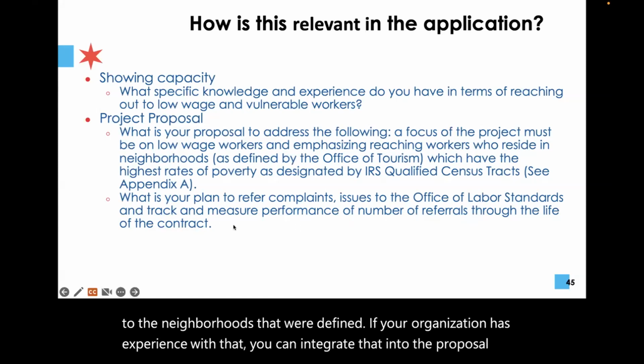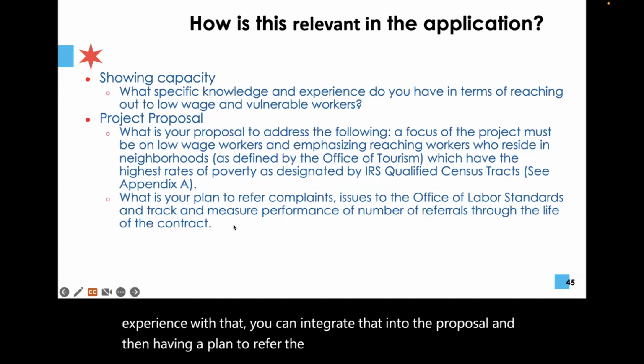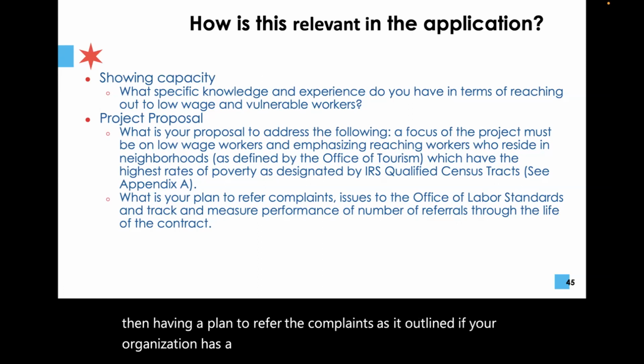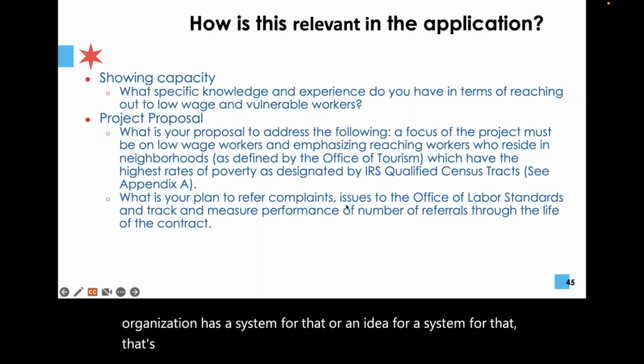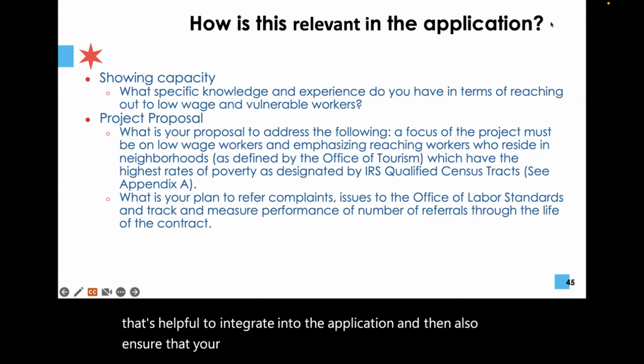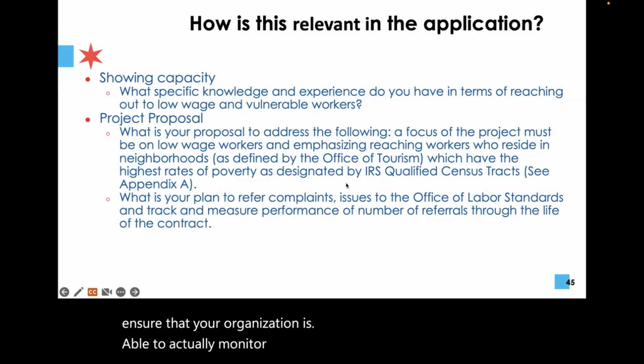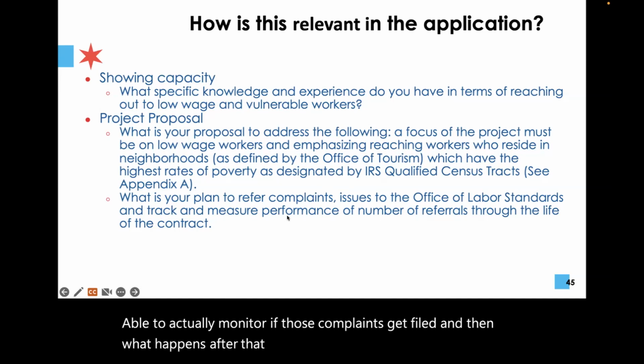And then having a plan to refer the complaints as outlined, if your organization has a system for that or an idea for a system for that, that's helpful to integrate into the application. And then also ensure that your organization is able to actually monitor if those complaints get filed, and then what happens after that point.